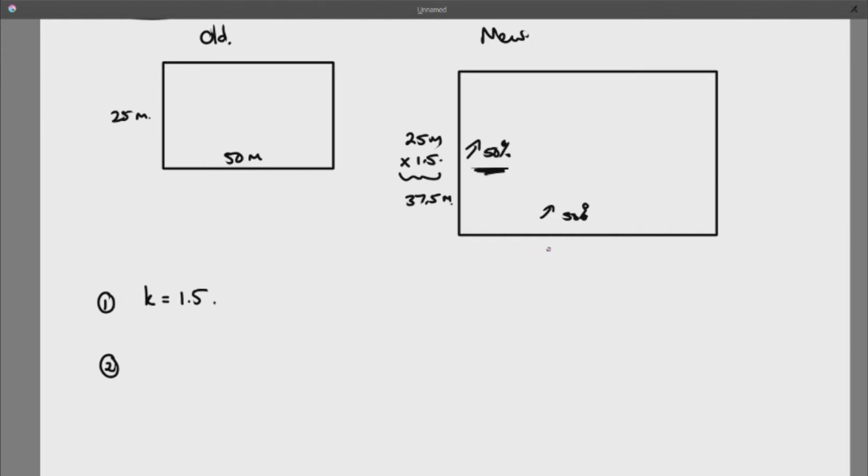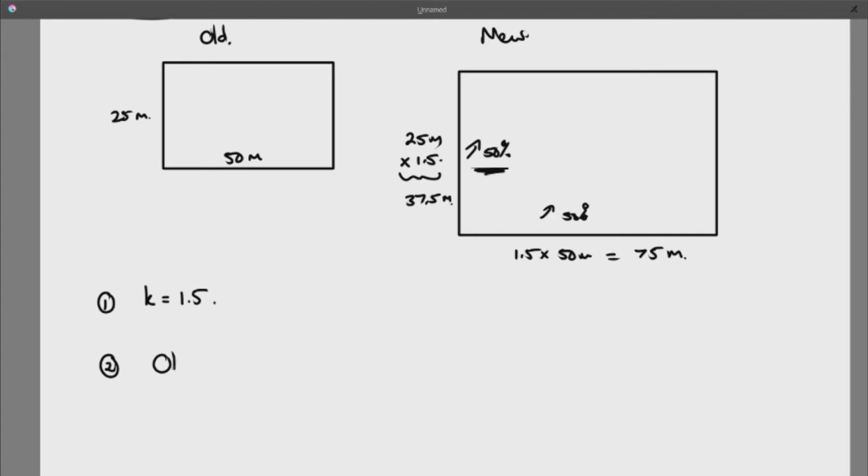This length, the horizontal one, is going to be 1.5 times 50 meters to give me 75 meters. So now my new rectangle has dimensions 37.5 and 75. Obviously bigger. And each side length has increased by 50%.